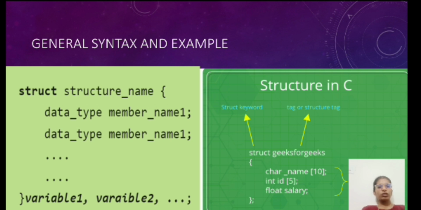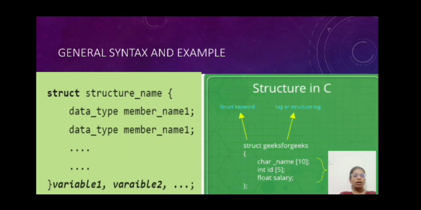We can give any name as the structure name and it must follow the identifier rules, followed by braces, and inside the braces data types and members will be there. At last the structure variables should be declared and the structure ends with a semicolon. When we forget the semicolon at the structure end, the program can show errors.